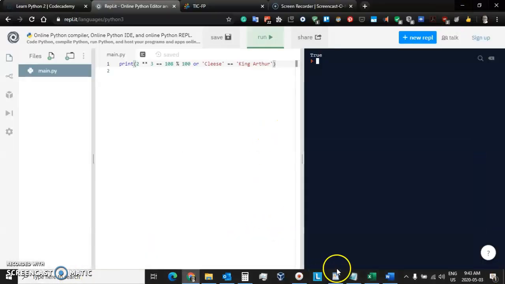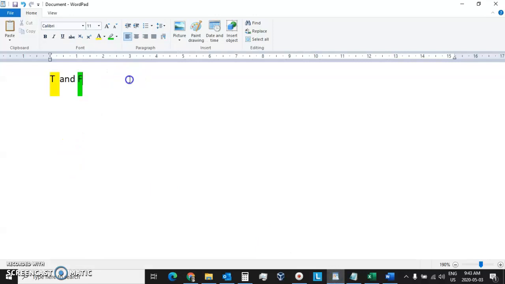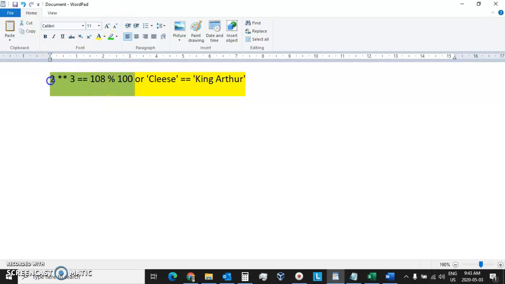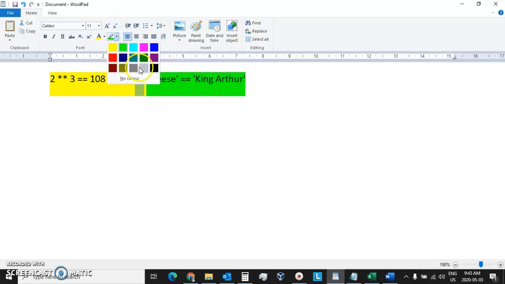So what I'm going to do is bring up Notepad and see how the whole thing evaluates. So the left side is right there of the OR operator, and the right side, let me change the color for the right side, and we'll make the OR a different color, we'll make it red.